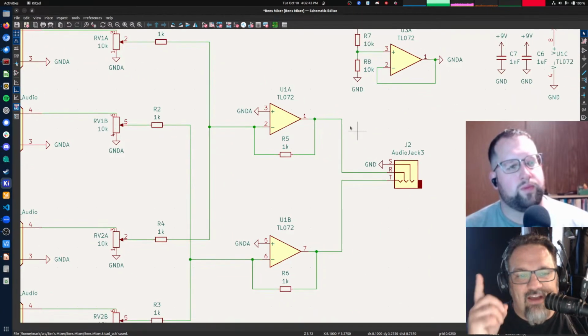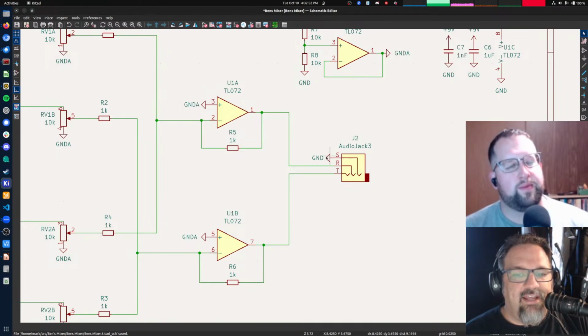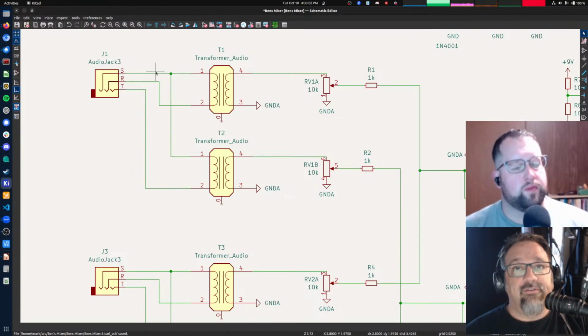Except we have one more problem we need to solve. And that is that your output, your analog or your audio, needs to be ground referenced. So here on the inputs, these inputs go up and down around ground.